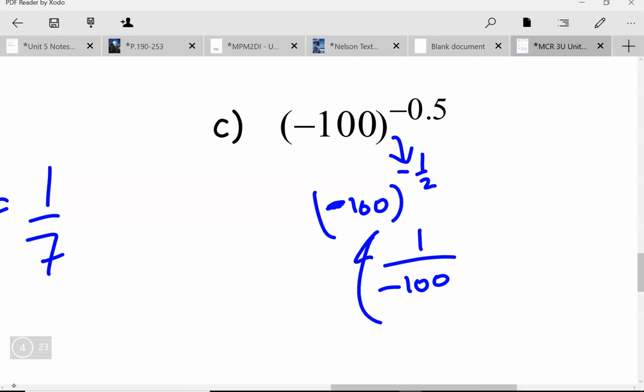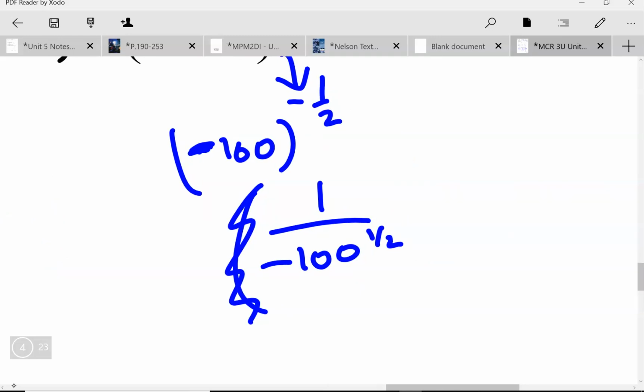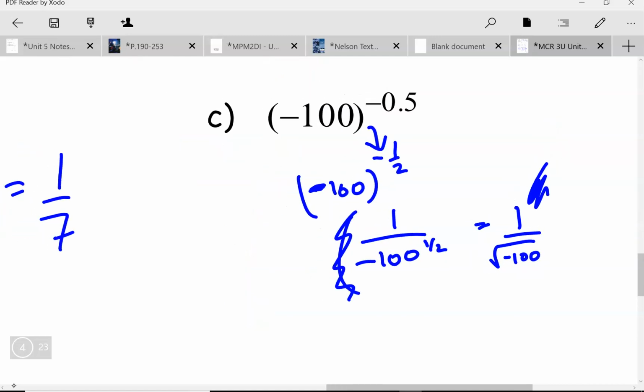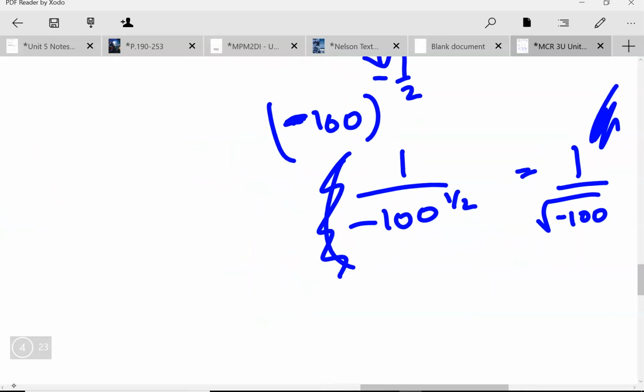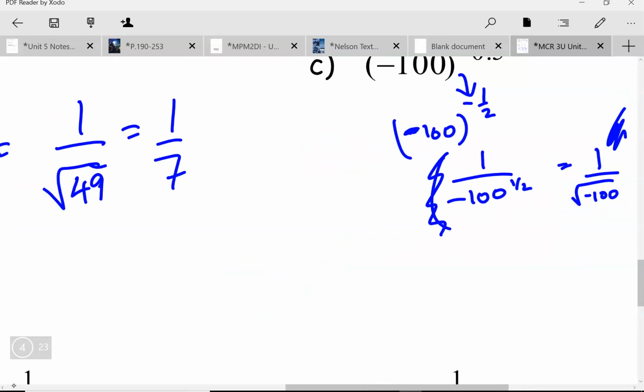And this is to the power of half, negative 100 to the power of half. What I'm doing there is really taking the square root of negative 100, which is not possible. So I don't know. Pretty sure that's right, even though this is like no real solutions, but that's interesting.